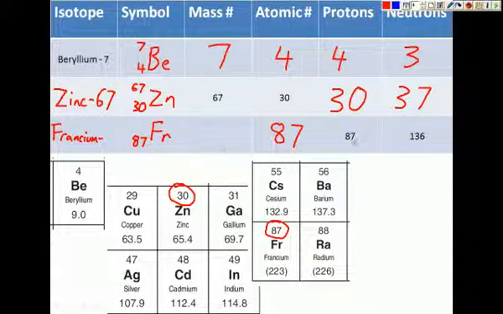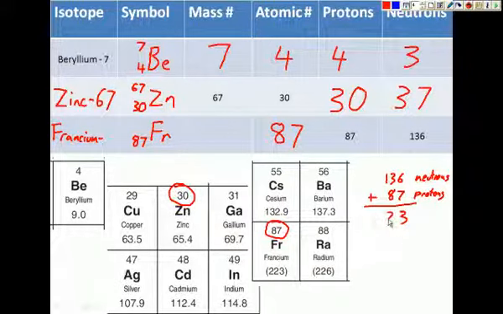Mass number is equal to protons plus neutrons, or in other words, 87 plus 136. Again, this is neutrons, this is protons. 136 plus 87 is 223. Our mass number is 223.